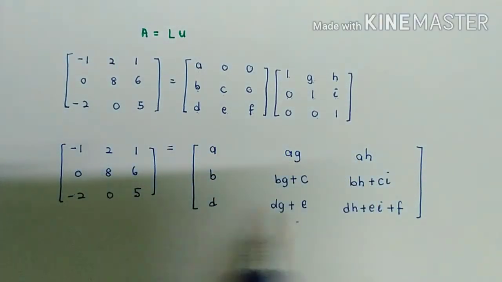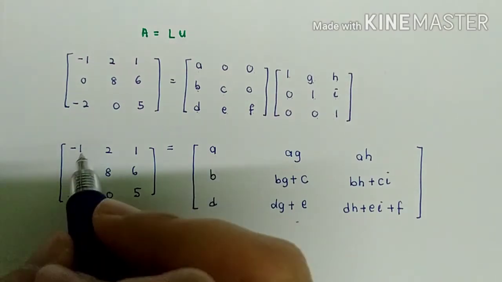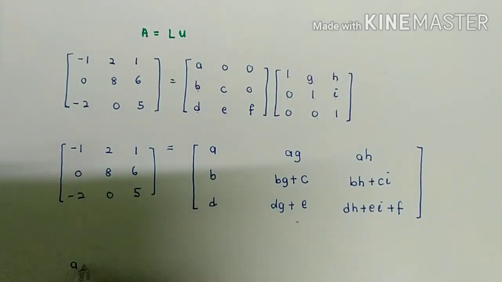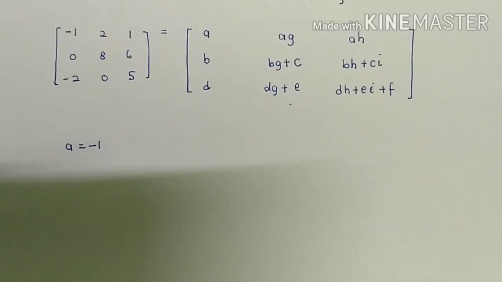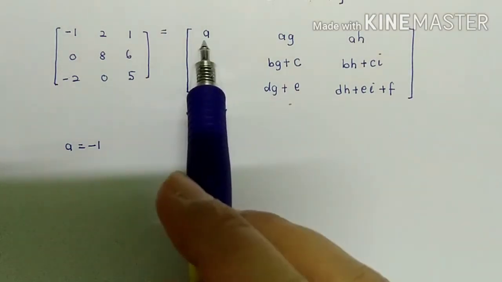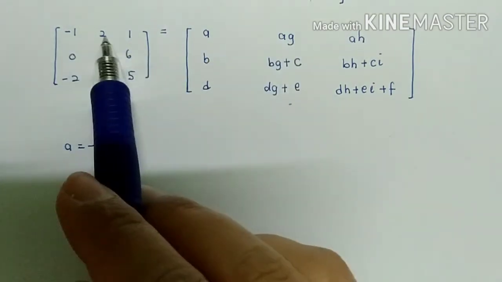So we compare both sides based on their positions. So we have A equals to negative 1. Here I repeat, A equals to negative 1. And then we have AG equals to 2.